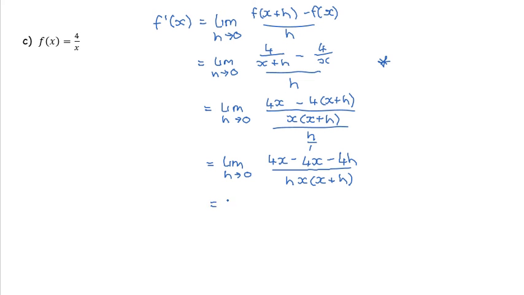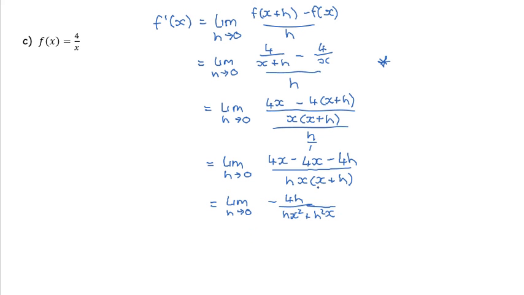At this point, it's just a case of simplification. Limit as h tends towards 0, the 4x's will cancel on the top, which is good, and we end up with negative 4h over h, and I'll multiply this out, hx squared plus h squared x.